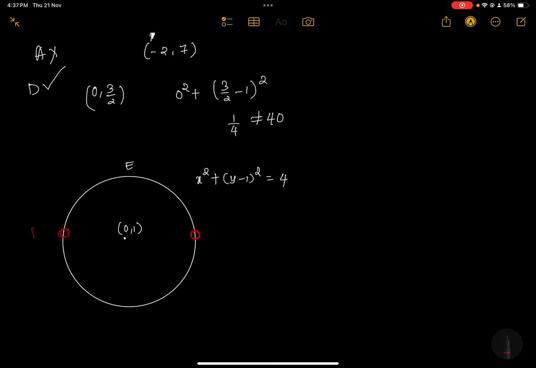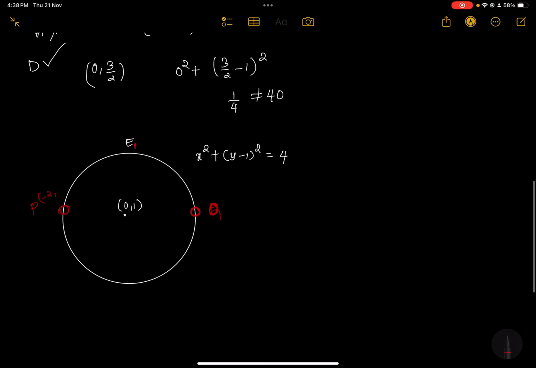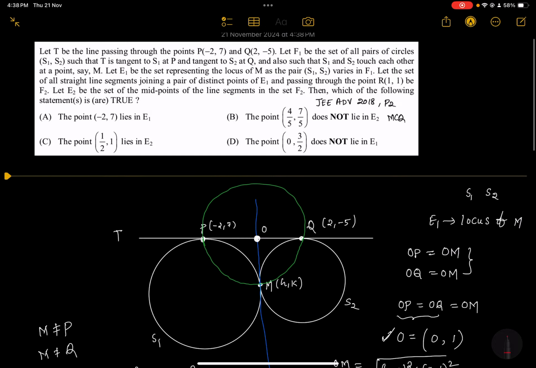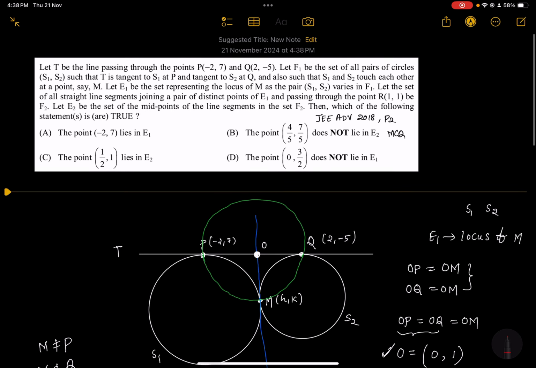This is E1, but here we have to exclude 2 points from the circle, 2 points P and Q. These 2 points are not there in E1. That is why I am marking them with red: (-2, 7) and (2, -5). These 2 points are not there in the locus E1. So now what is F2?